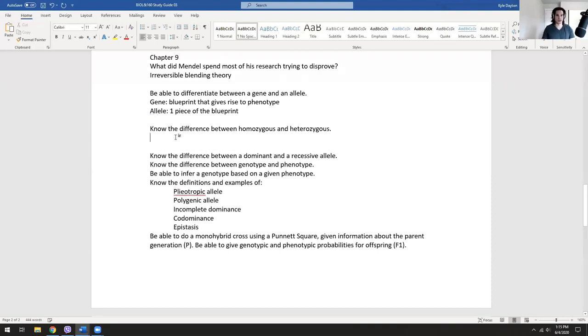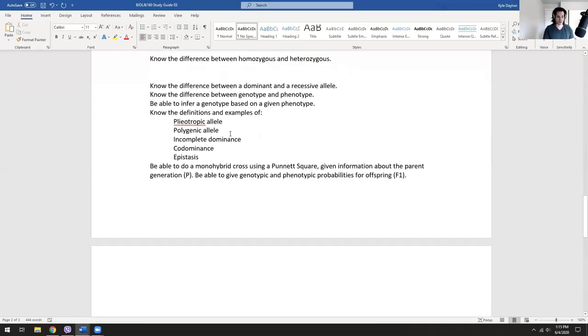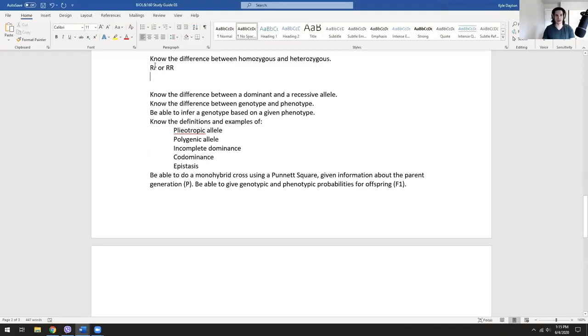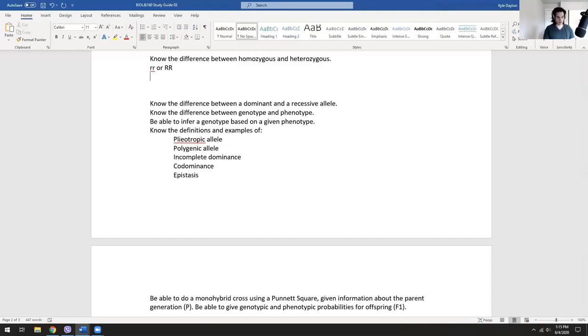Okay. Know the difference between homozygous and heterozygous. So homozygous would be like RR or rr, so 2 of the same, and then heterozygous would be Rr. So hetero meaning different, and then homo meaning same.